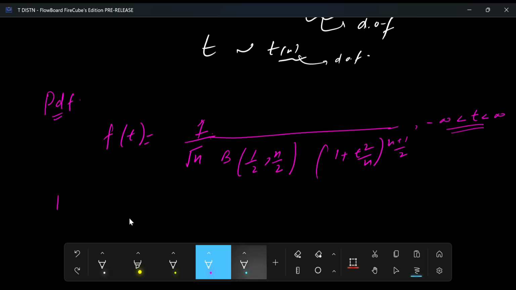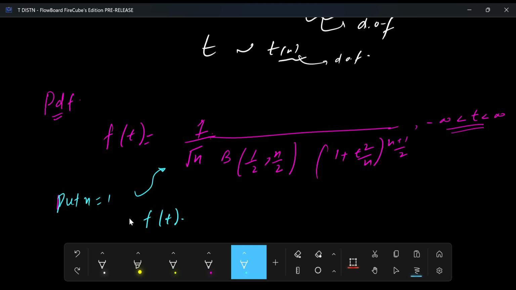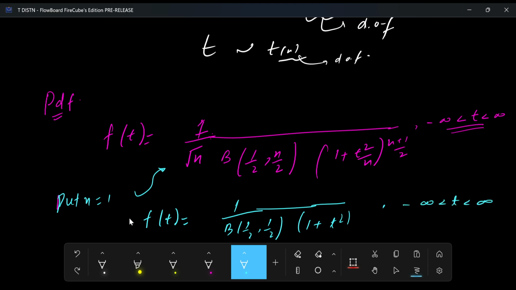Can we do one thing? Put n is equal to 1 in this equation. What we will get is f of t equal to 1 upon beta 1 by 2 comma 1 by 2, into 1 plus t square upon 1, from minus infinity to infinity.